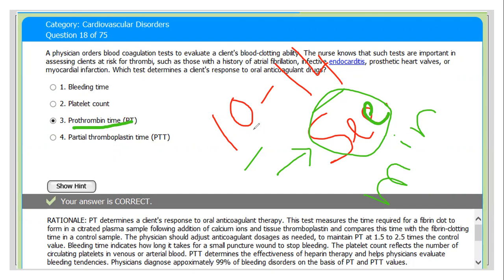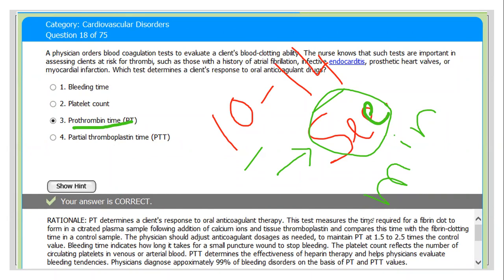When it is higher than that, it means your blood is taking longer than normal to clot and may be a sign of many medical conditions, or maybe a sign of taking an anticoagulant, right? So bleeding or clotting disorder is another cause, or even lack of vitamin K. Lack of vitamin K increases this one. So PT determines the client response to oral anticoagulant therapy.